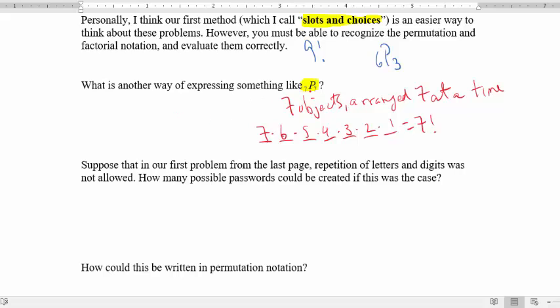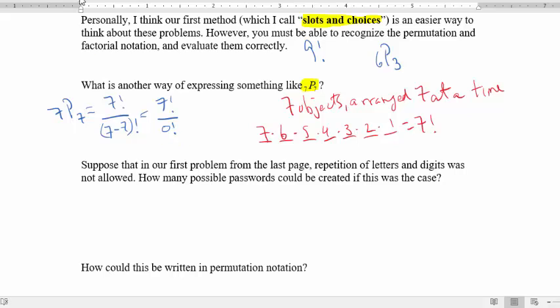And this still works with our formal definition of 7p7. 7p7, if you look at our formal definition, would really mean 7 factorial over 7 minus 7 factorial, which is really 7 factorial over, well, 7 minus 7 is 0, right? So this is technically 0 factorial.